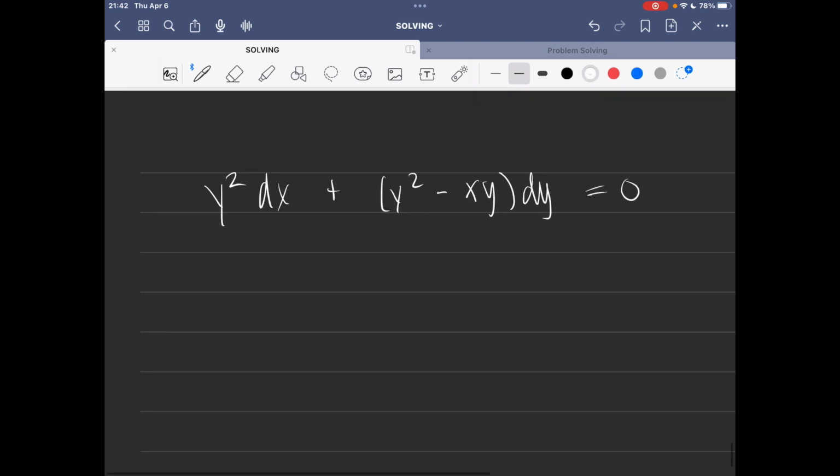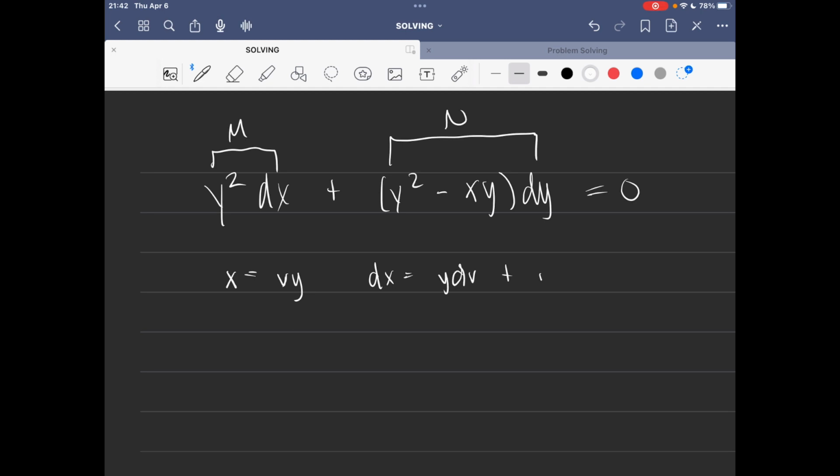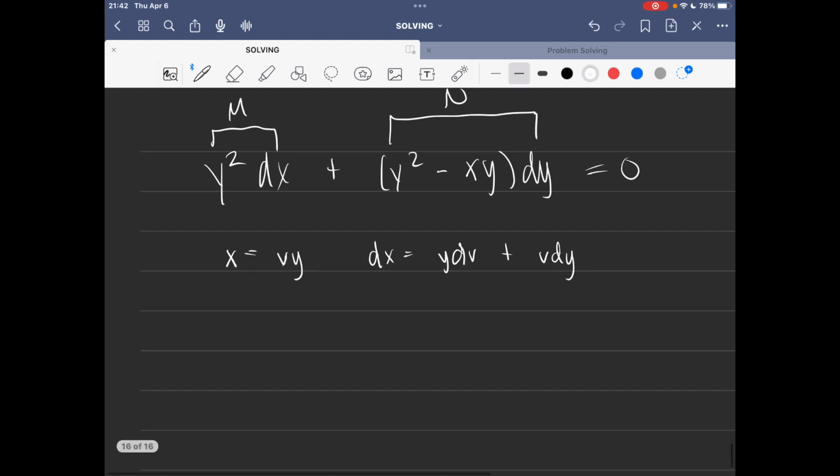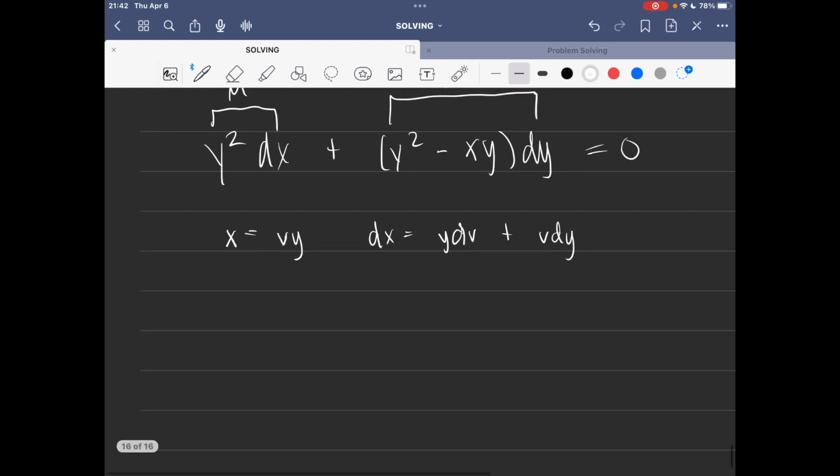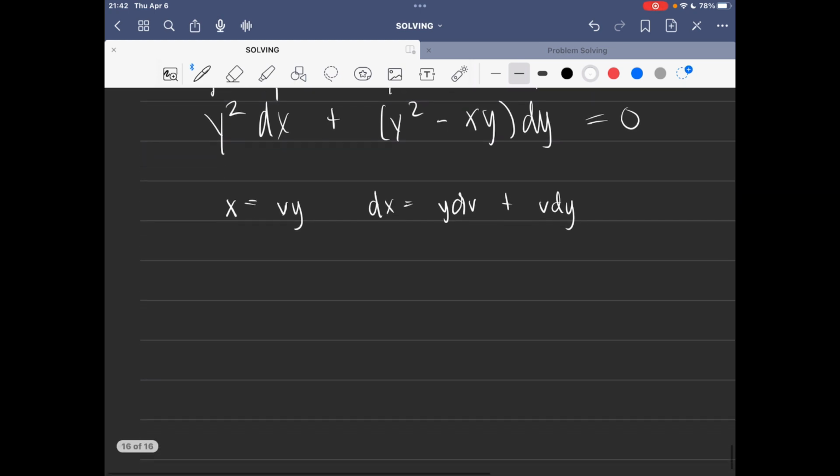So this is M and this is N. We know that M is simpler to solve, so we equate x into vy and dx into y dv plus v dy. So we have to equate all x into vy and dx into y dv plus v dy.